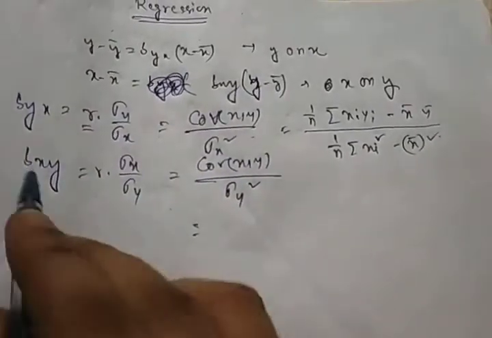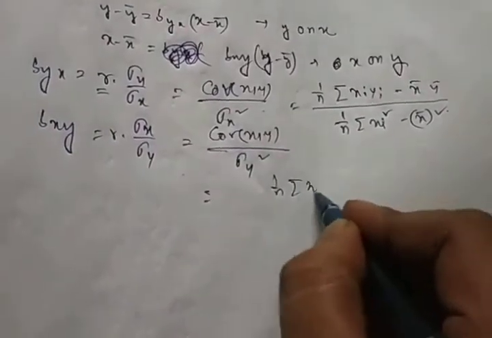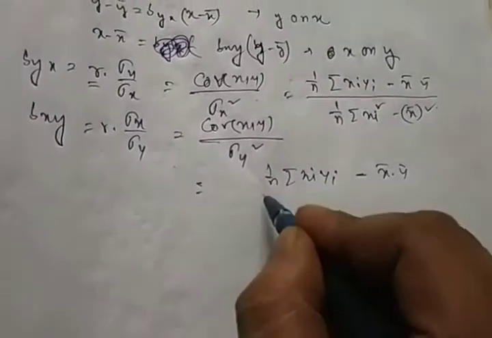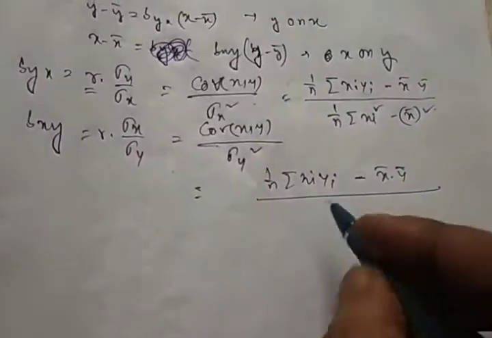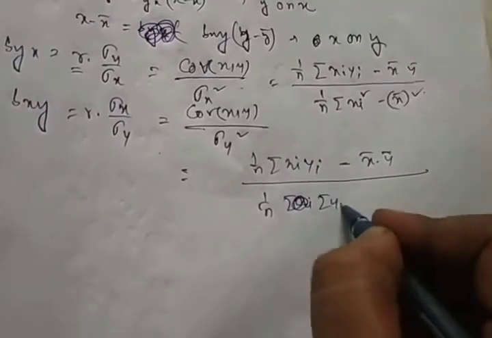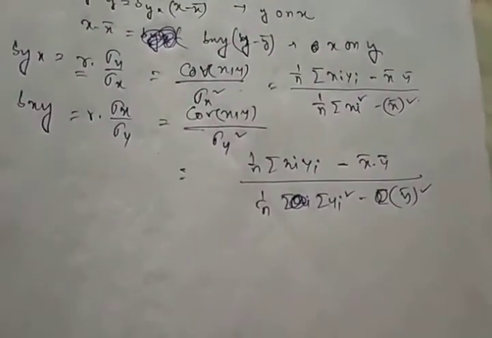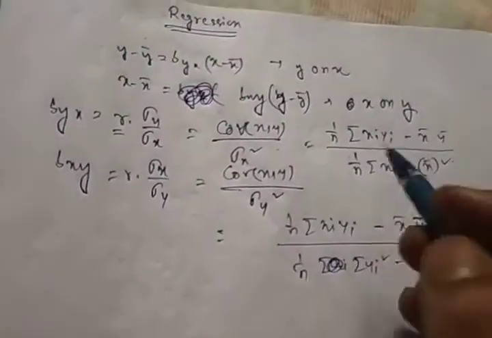And the formula for calculating bxy is 1 by n summation xi yi minus x bar y bar divided by 1 by n summation yi square minus y bar whole square. Okay, so these are the formulas.